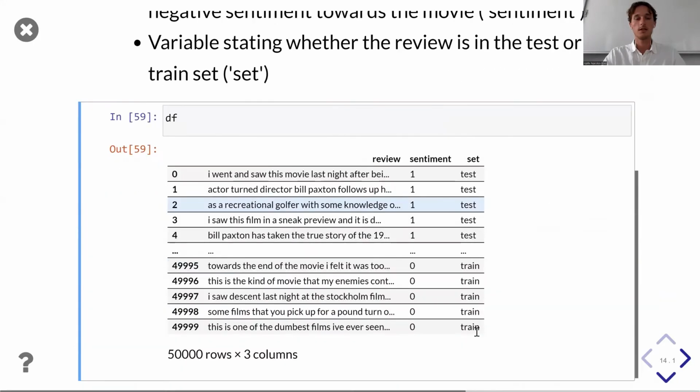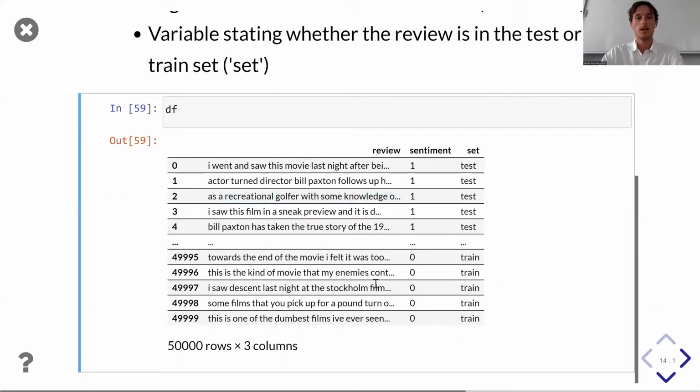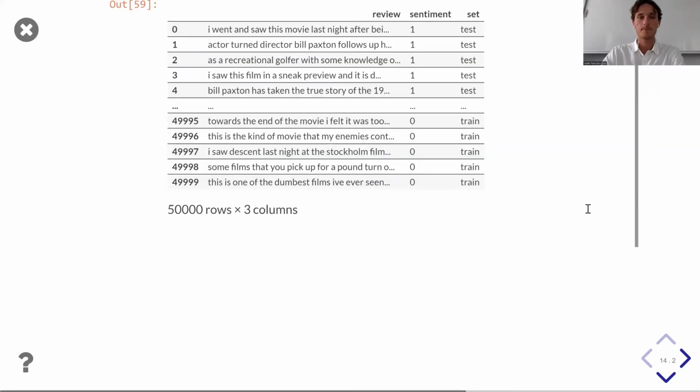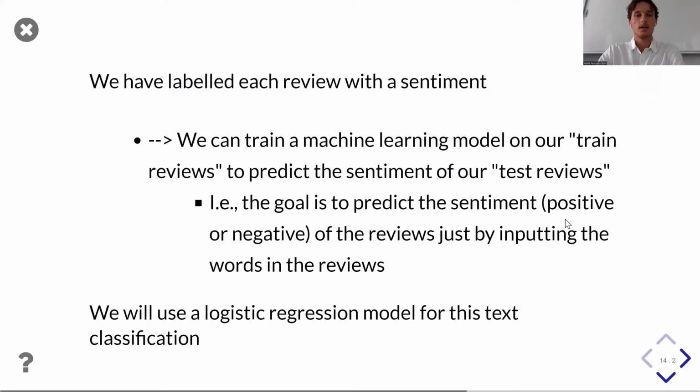So you can see the data set here. And you can see that, for example, the first review has a positive sentiment. So the one is positive sentiment. That means that we have labeled each review with a sentiment.